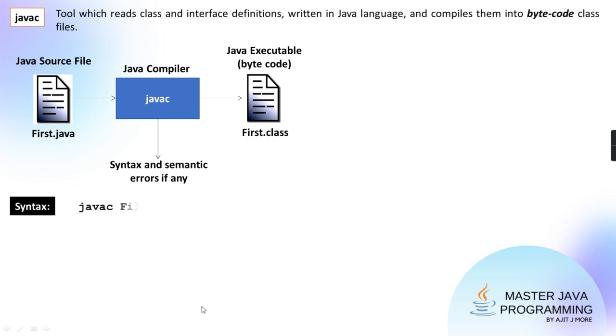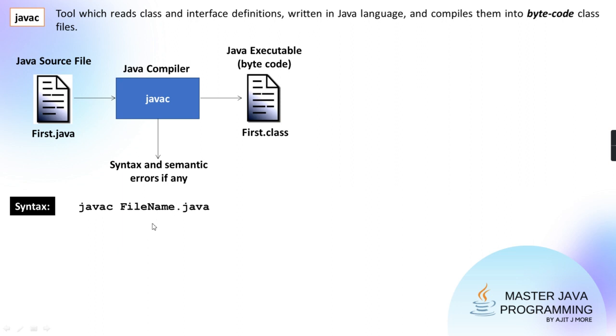Okay, got it. So the syntax is like this: Javac and the name of your Java file. It checks for the syntax. If there are errors, it will tell you with the line number. If not, then you will get a .class file, which is a bytecode file, in the directory, and the name of that .class file depends on the class names, all the classes which you have typed in that source file.